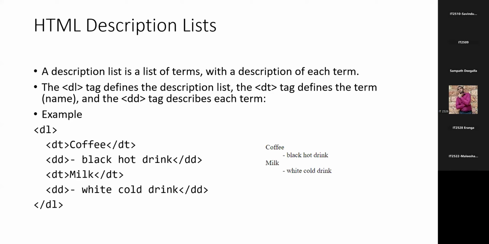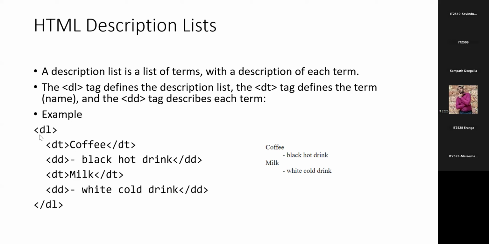So if you want a description list, or sometimes we call it a definition list, which we use to group terms and then the descriptions. Now, for example, we can say coffee is a black hot drink and milk is a white, cold drink. So in that particular case, we can use a description list.